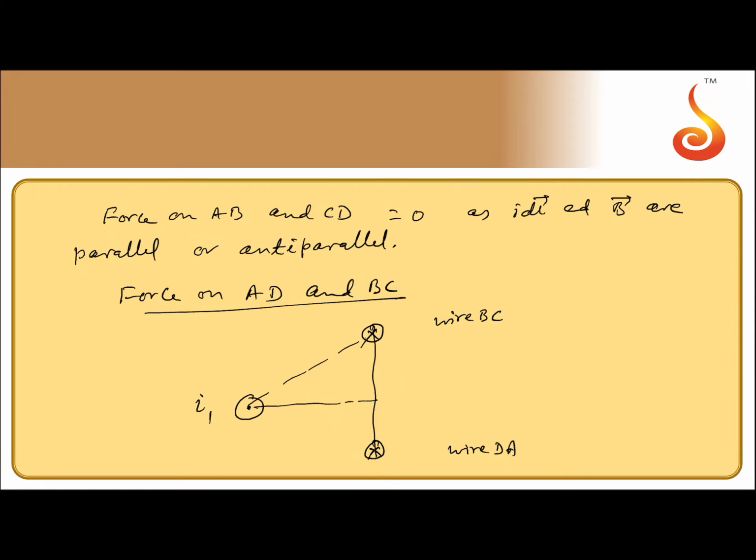This distance is 12 centimeter, this is 5 centimeter, 5 centimeter. Total length is 10 centimeter. One side of the wire, and the magnetic field is like this. Suppose this angle is theta.